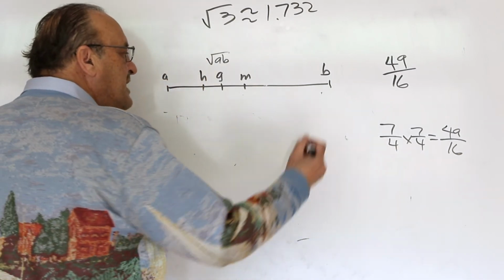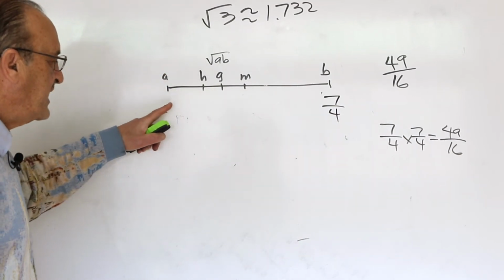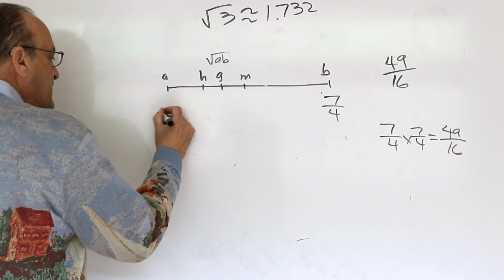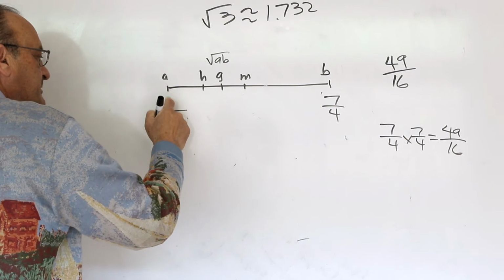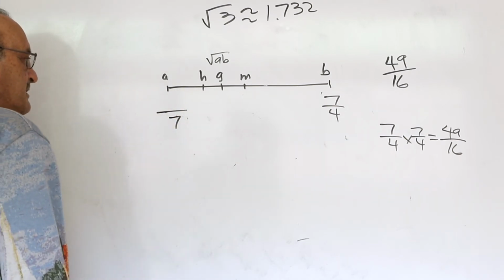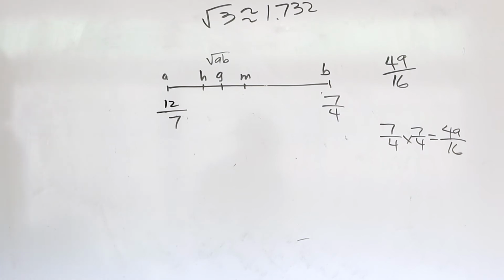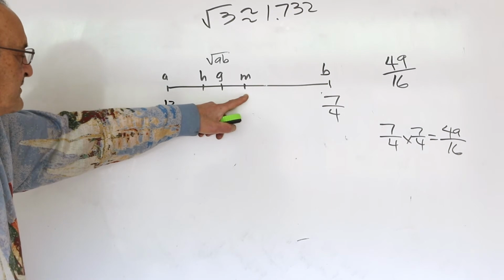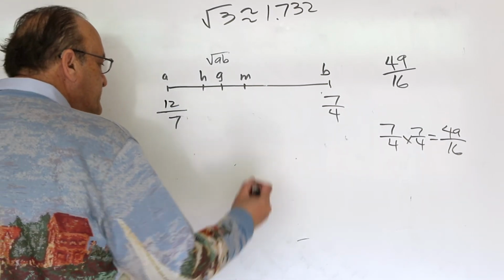So I can put that on this side again. And I want this fraction times this fraction to exactly equal 3. So I would put 7 down here. I want to cancel 7s. And 4 goes into 12 3 times. So if I want to find this number now, I add and divide by 2.